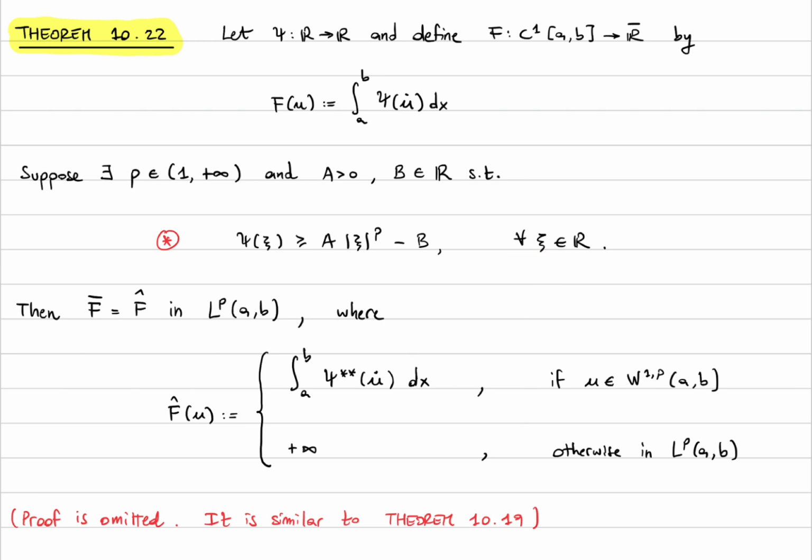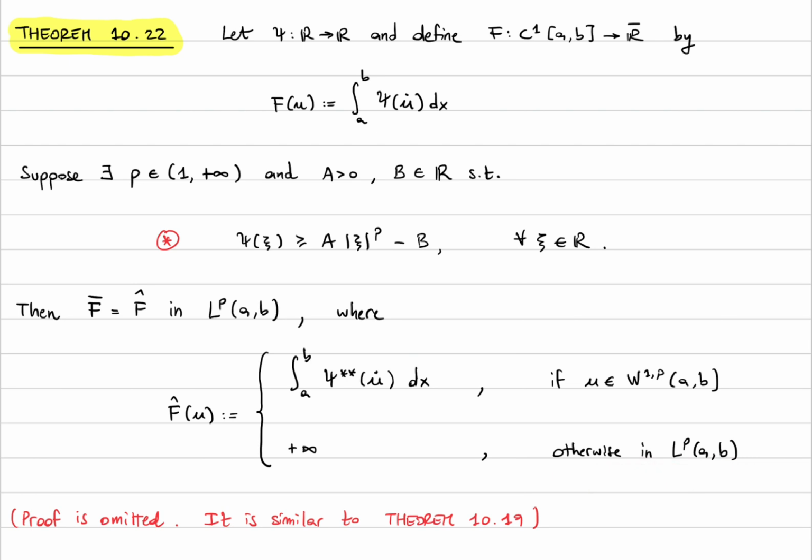Then the relaxation of f in LP of AB, where the exponent here is the same as the one in the estimate, is given by this functional f hat, defined as the integral from a to b of psi star star of u dot, if u belongs to W1P, and plus infinity otherwise in LP of AB.